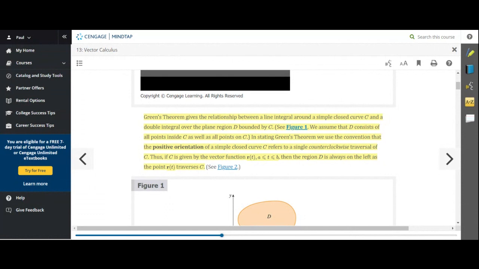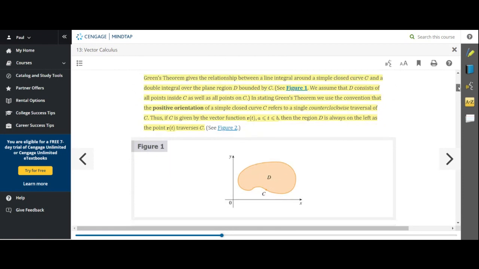Okay, so, line integrals, we compute line integrals over curves. But what if the curve is a closed curve? If it's a simple closed curve, with what's called positive orientation, then we can compute the line integral using Green's theorem.